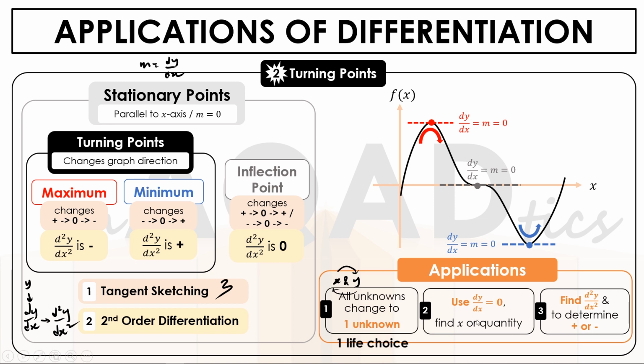Second, for the choice that I have made, I make sure I have 0 expectations. So 0 expectations from my side is dy over dx equals 0. Then, for the choice that I've made, I see whether it is a positive impact or a negative impact on me. So here, that would be finding the second order differentiation and seeing whether the value is positive or negative. That's how I memorize it.